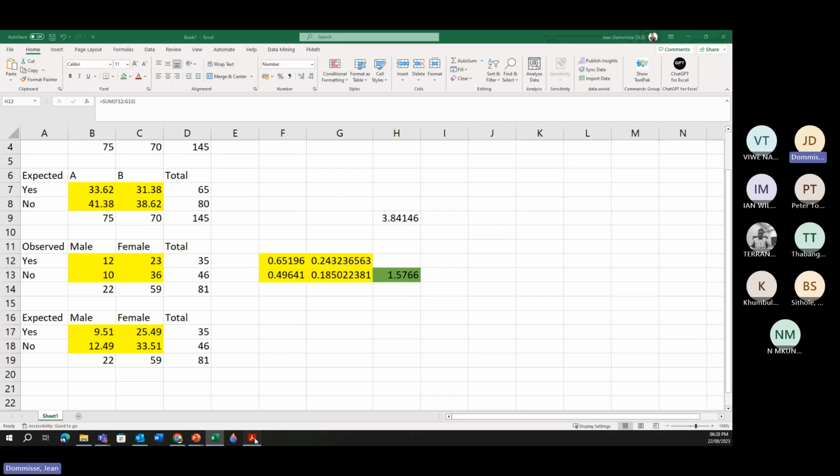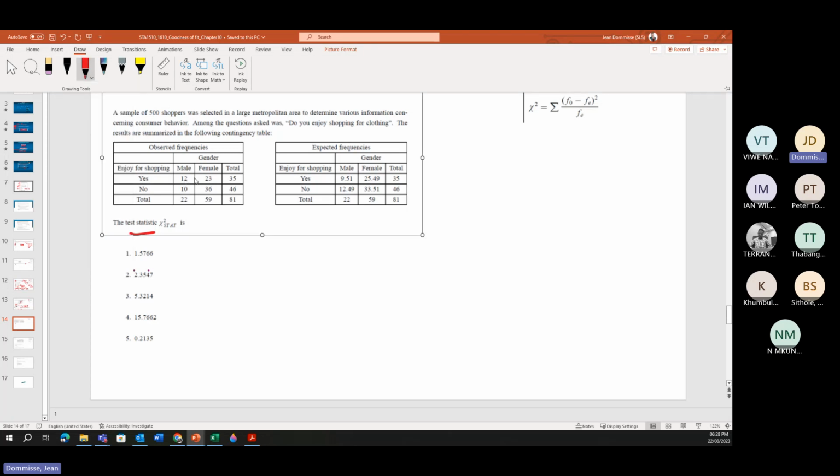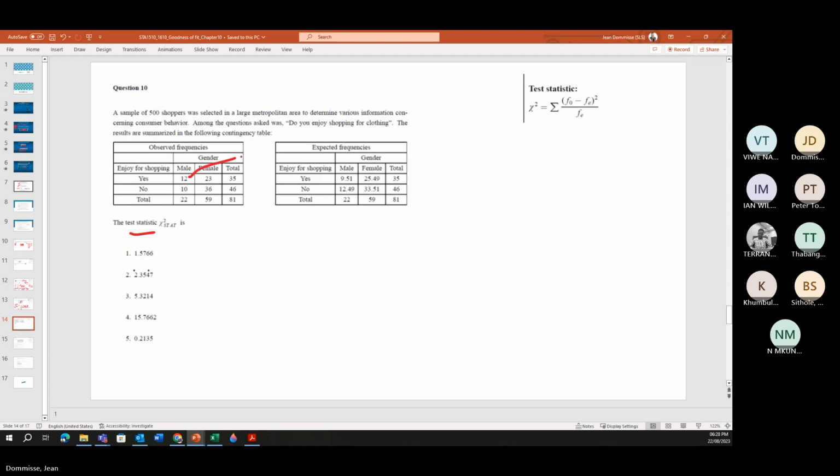Okay, so if you wanted to do it manually, you will use that formula. So you would just have said, okay, 12 minus that to the power of 2 divided by that again, and you needed to do it for all 4 of them. When you add it, you will get also that option of number 1.